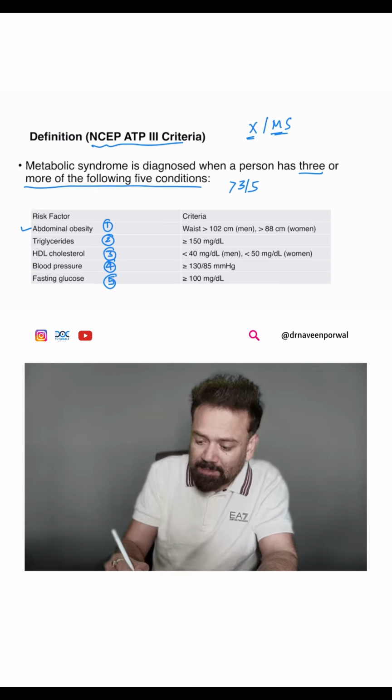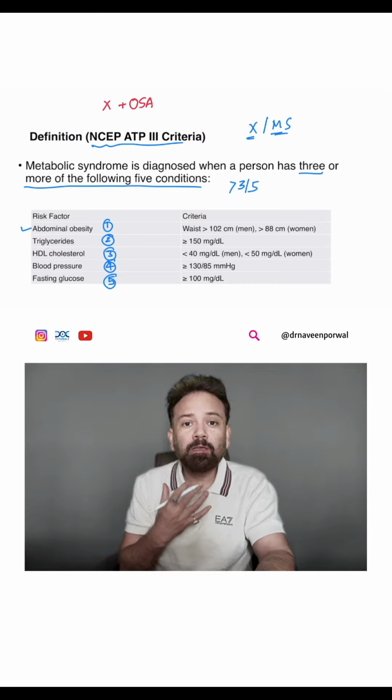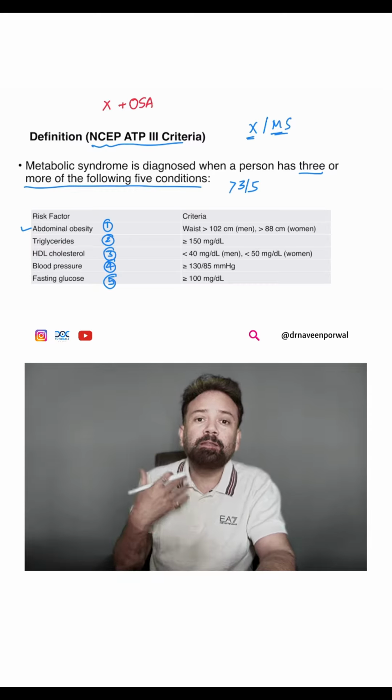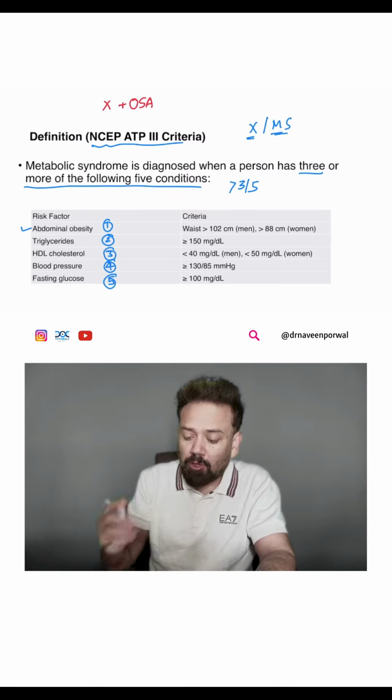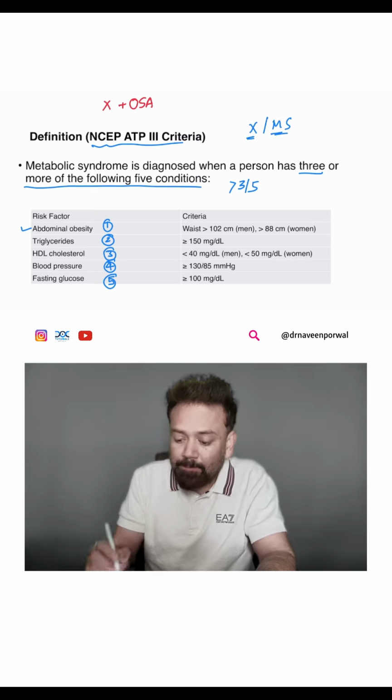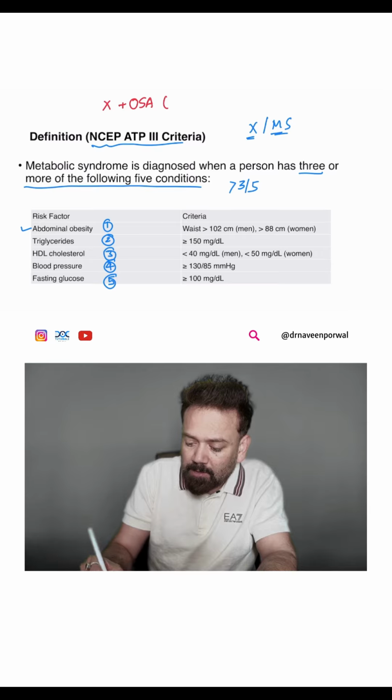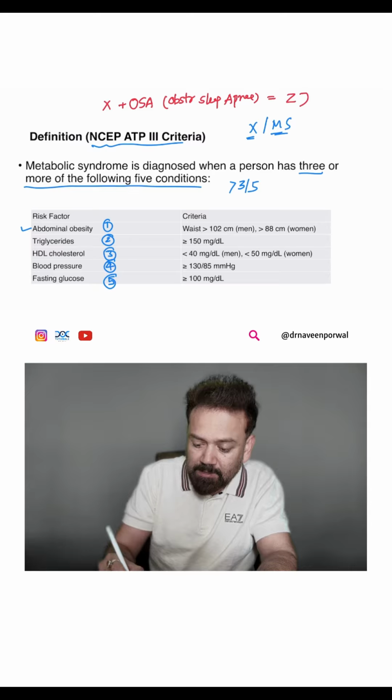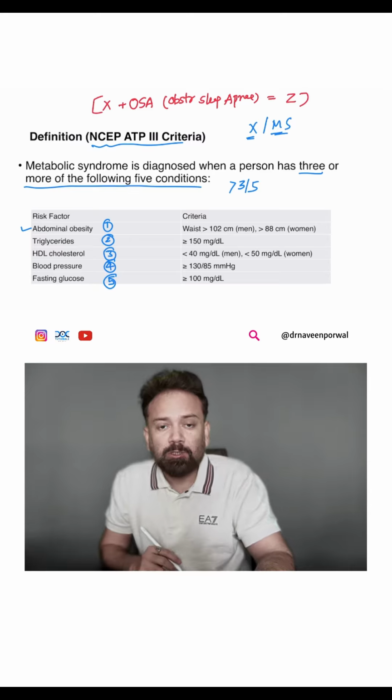And please write this down, it's very important: syndrome X plus obstructive sleep apnea. If someone has a problem while sleeping, such as snoring, it is called obstructive sleep apnea. Syndrome X with obstructive sleep apnea is called syndrome Z. There is a criteria for diagnosing obstructive sleep apnea.